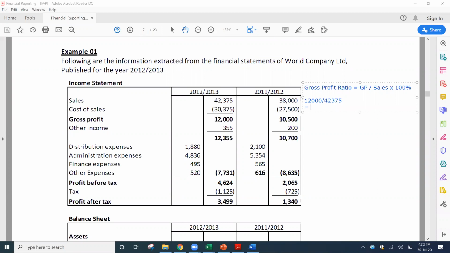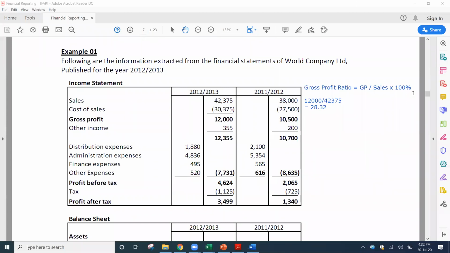Then you will get an answer with the percentage. So 12,000 divided by 42,375 into 100%. 28.32. That is year 2012 and 13.